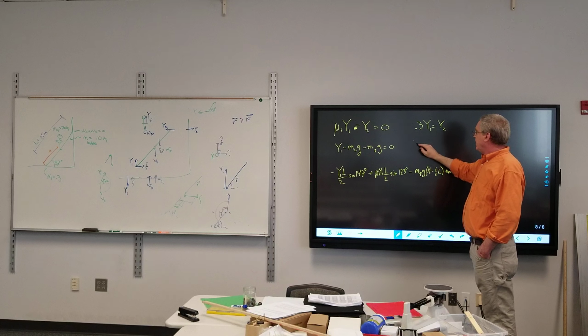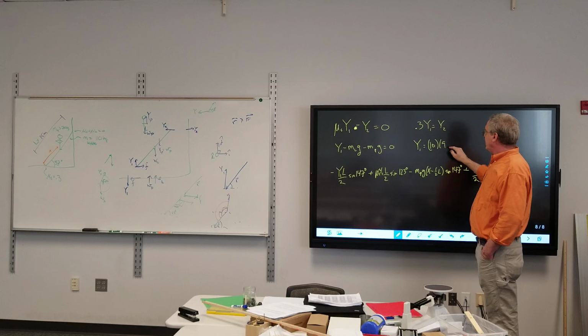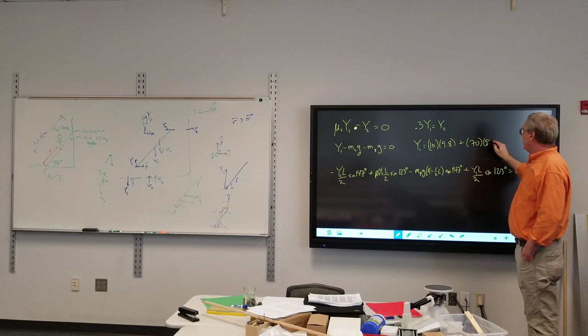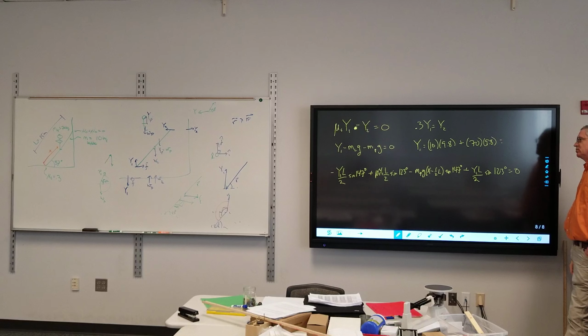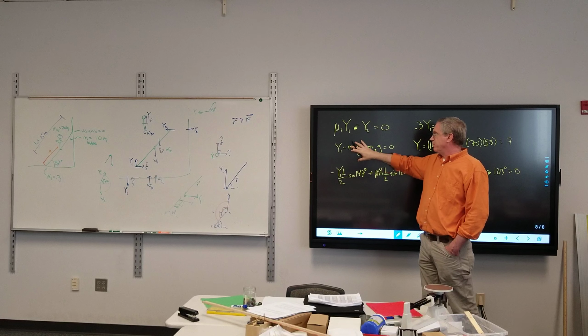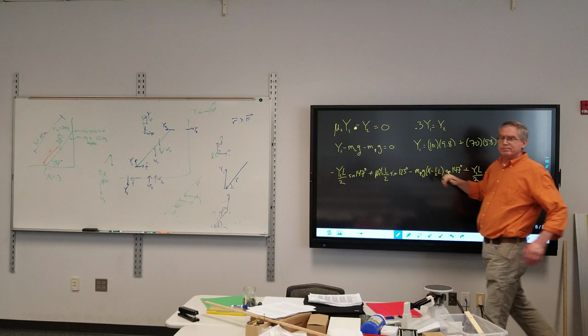From the second one, I have that Y1 is equal to mass of the ladder times 9.8 plus mass of the person times 9.8. When I bring these over to the other side, you have to add them both.